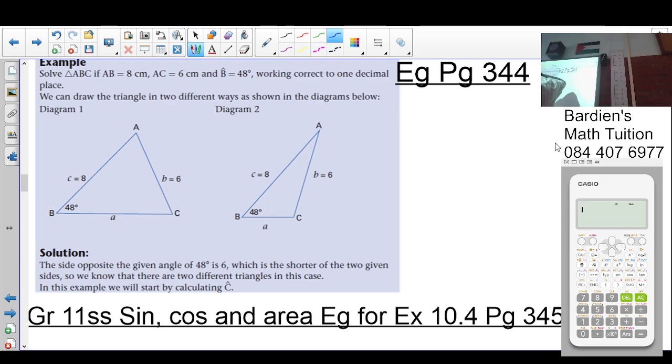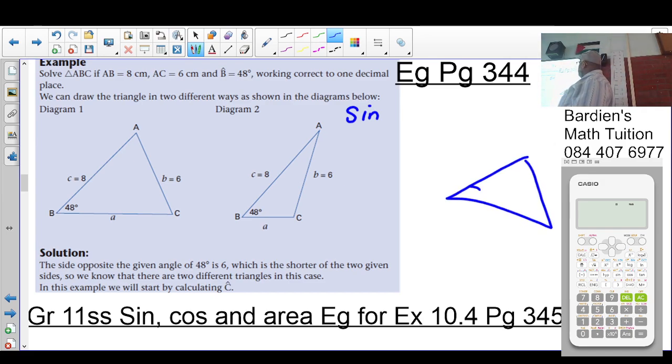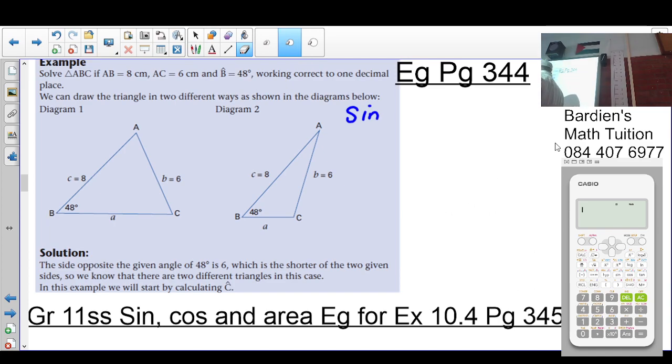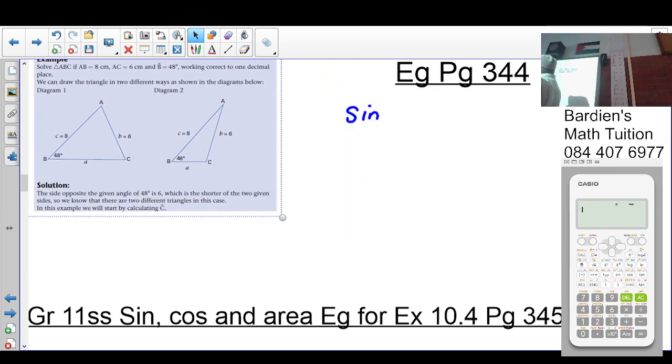We said we're going to use the sine rule. Just to refresh your memory, when do we use the sine rule? We have two angles and a side, or two sides and a non-included angle. It has to be a non-included angle, otherwise we go into a different rule.